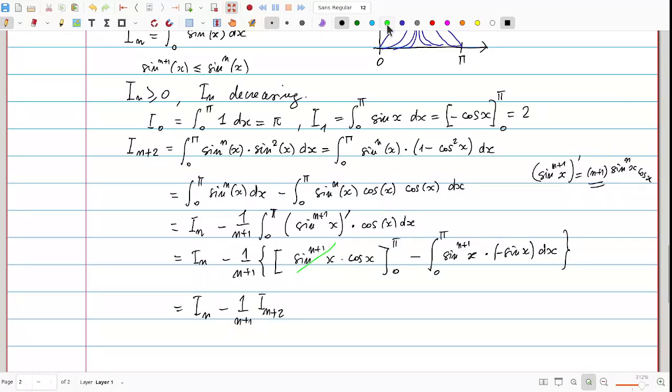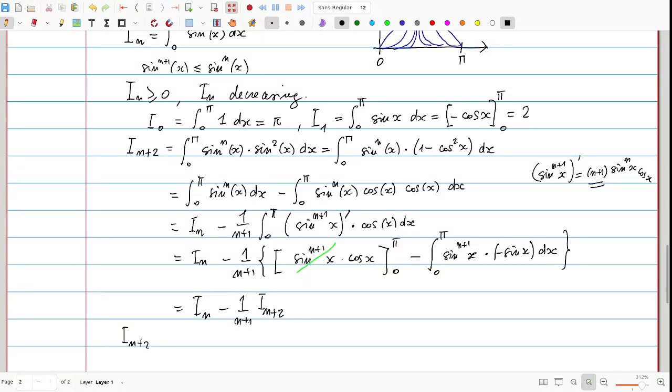But this is good because what we are looking for is equal to what we know minus a small amount of what we are looking for. So we can solve for I(n+2) and find it.